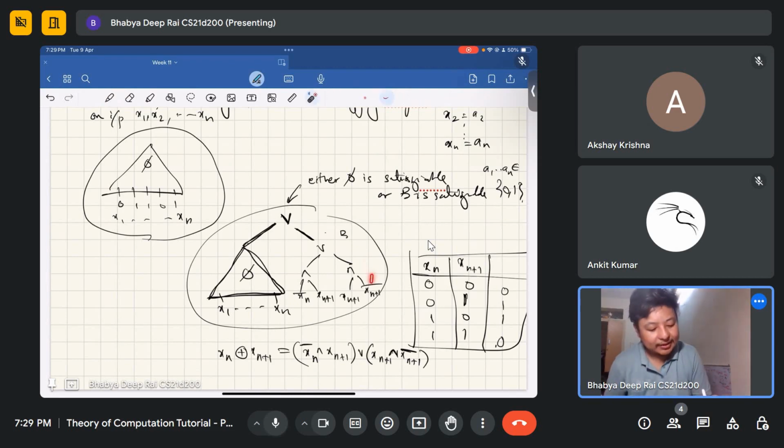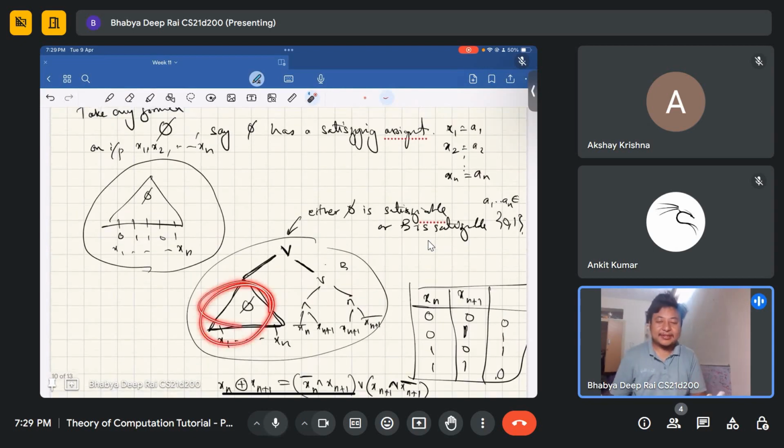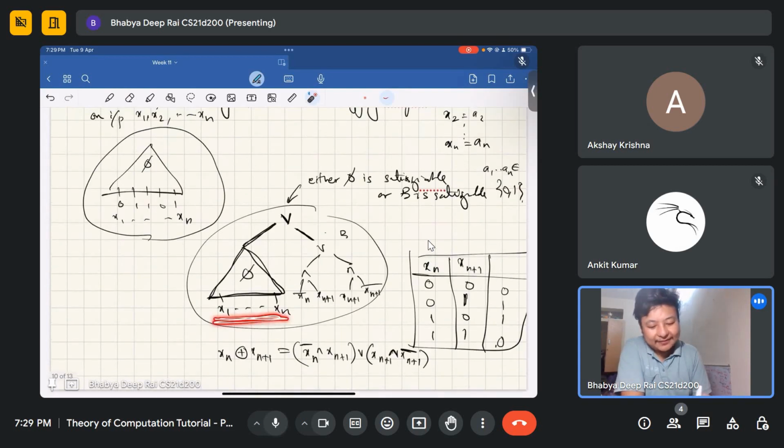Now what do you know? You know that this particular gadget has two satisfying assignments, and by assumption, phi has at least one satisfying assignment. Let's say the satisfying assignment for phi is A1 until AN. How do I satisfy this entire circuit?